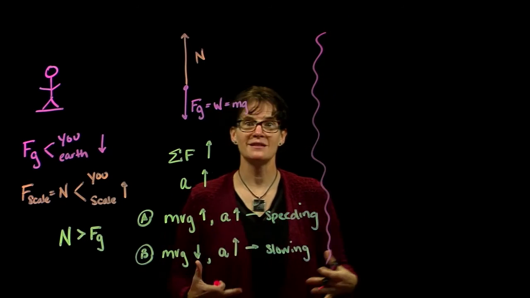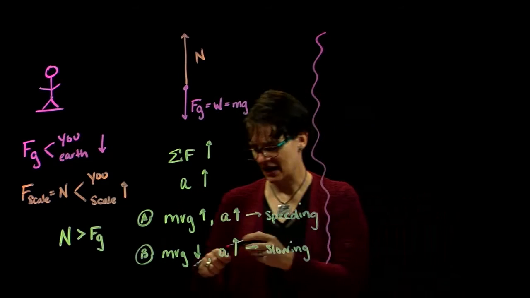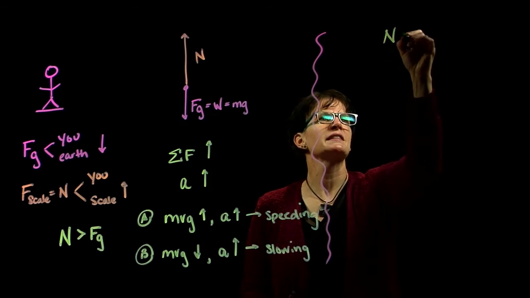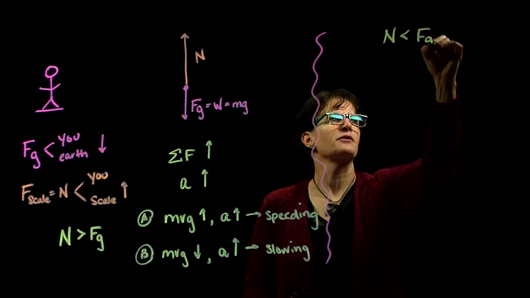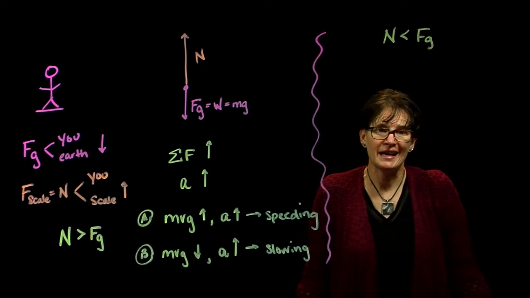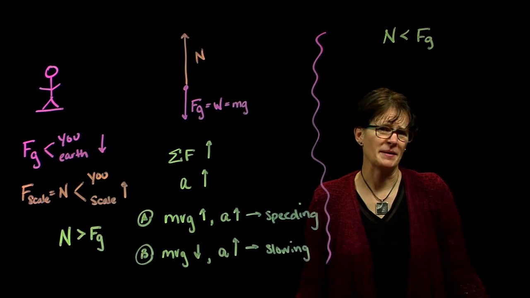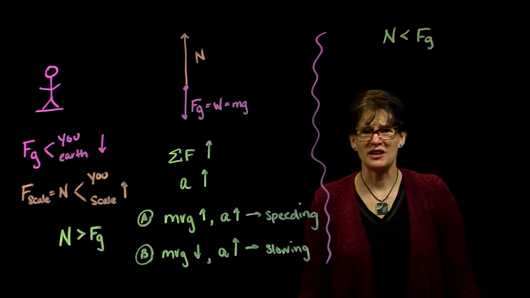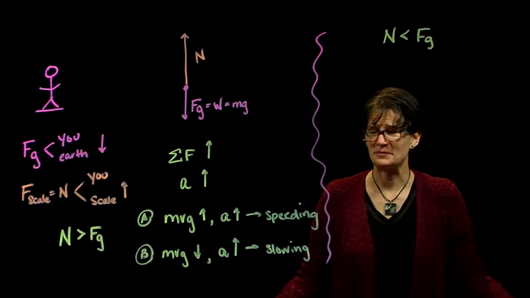Okay, I feel light. If I feel light, that tells me that the normal force is less than the force of gravity. I look down at the elevator floor while I'm moving, and sure enough, the scale reads less than my weight. Again, no idea how I got there. I just woke up moving in an elevator.